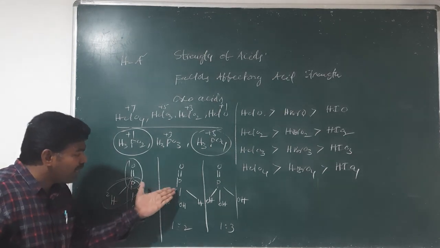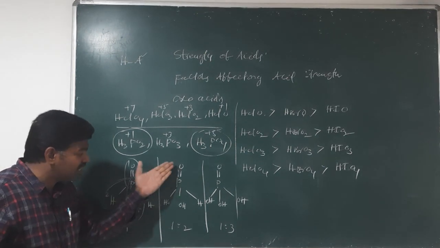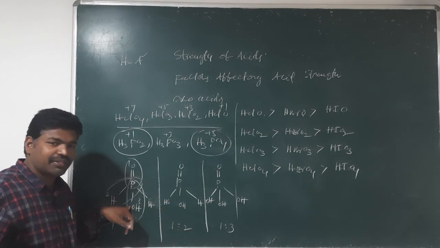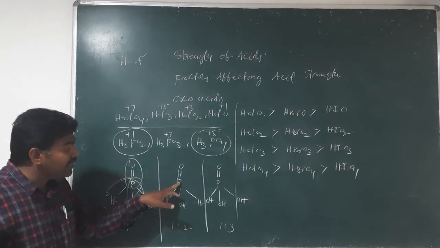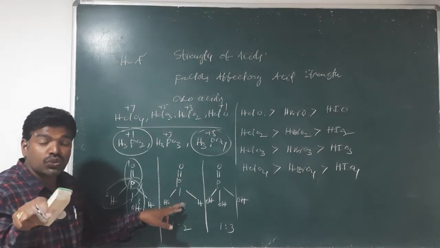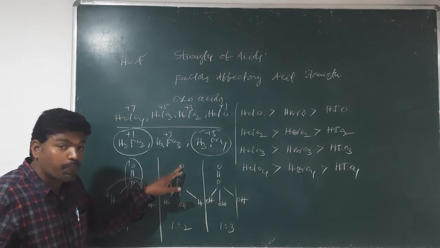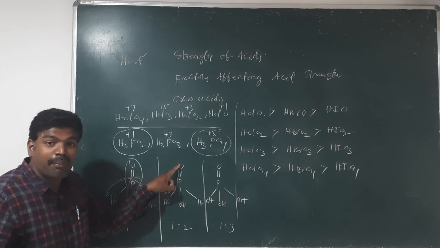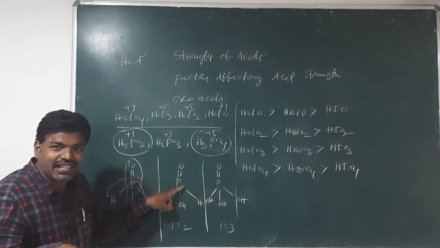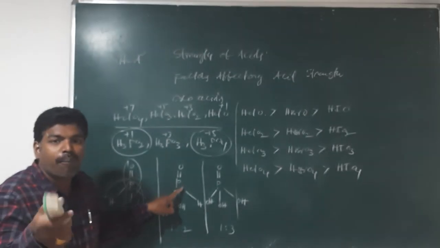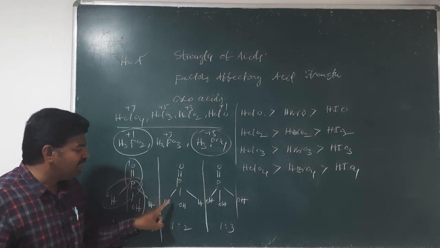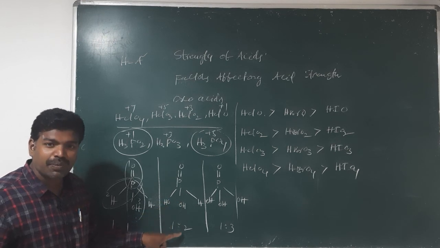But what happens in this case? Why is this acid weaker than this? Because here the number of P-OH groups per P=O group increases. So, this P=O group's ability to induce polarity decreases, because for one P=O bond there are 2 P-OH bonds.